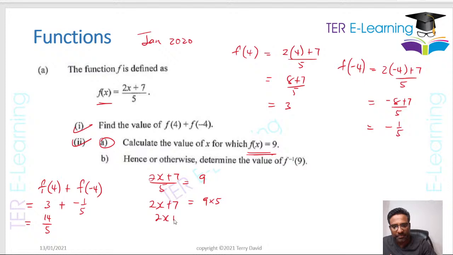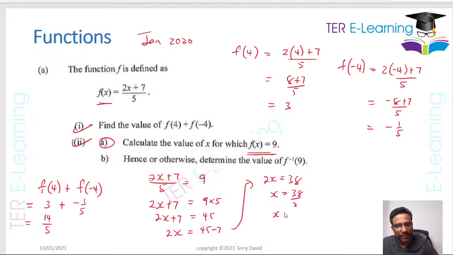So 2x plus 7 is equal to 45. 2x is equal to 45 minus 7, which is 38. So therefore x is equal to 38 over 2, which is 19. So my answer for this one is 19.